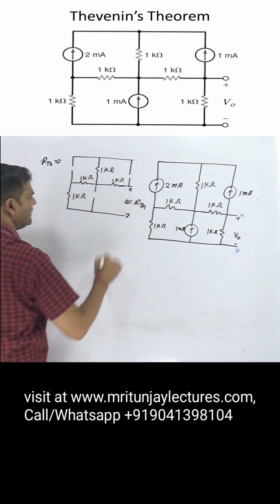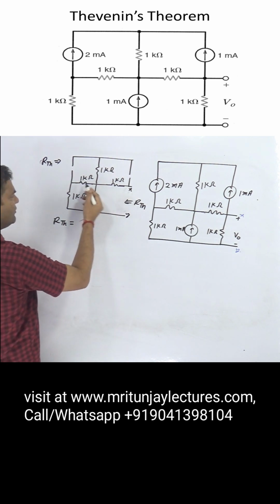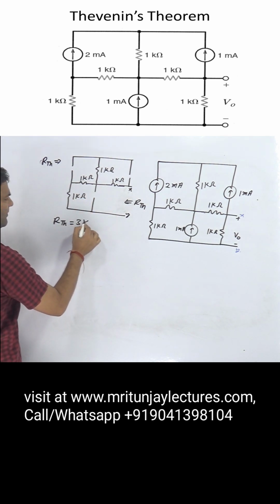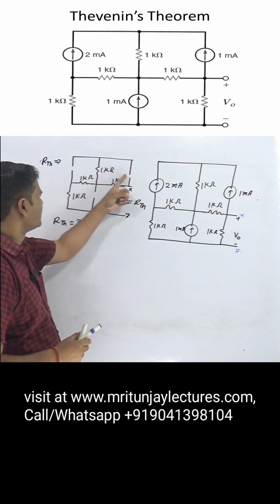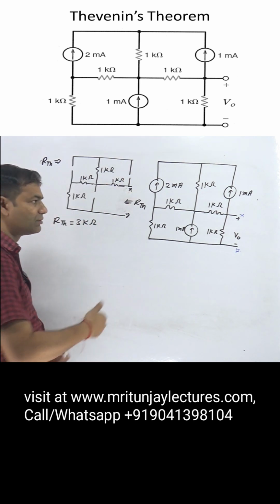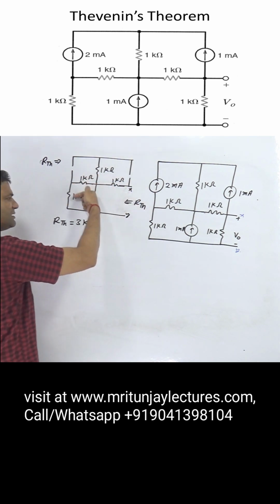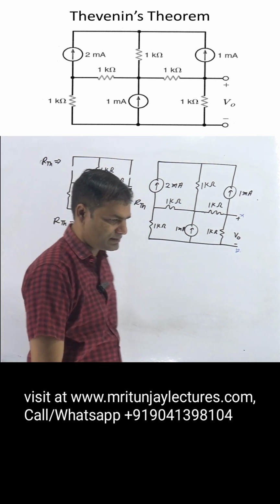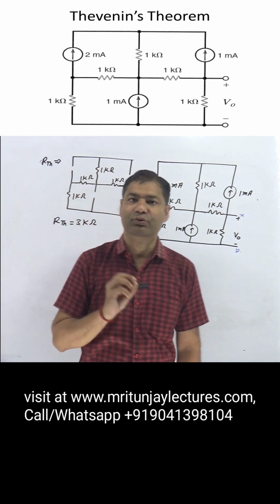Our motto is to determine RTH. So what is RTH? RTH is 1 plus 1 plus 1, or 3 kilo ohm. Very simple. This is open circuit, this is open circuit. If you take current, it follows this path, which means these three are in series. That's why RTH is 3 kilo ohm.